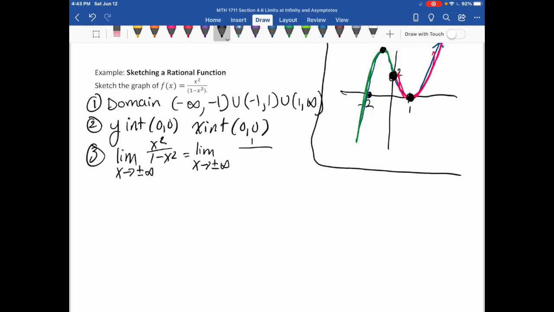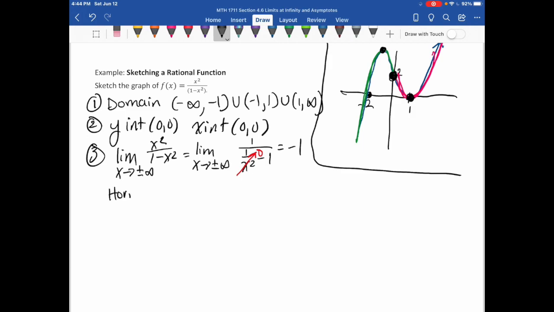Then when I take the 1 in the denominator and divide by x squared, I get 1 over x squared. And then x squared divided by x squared again gives 1. So the 1 over x squared is going to go to 0 because the numbers in the denominator are going to get really, really big. And then we're going to be left with 1 over -1, which is -1.